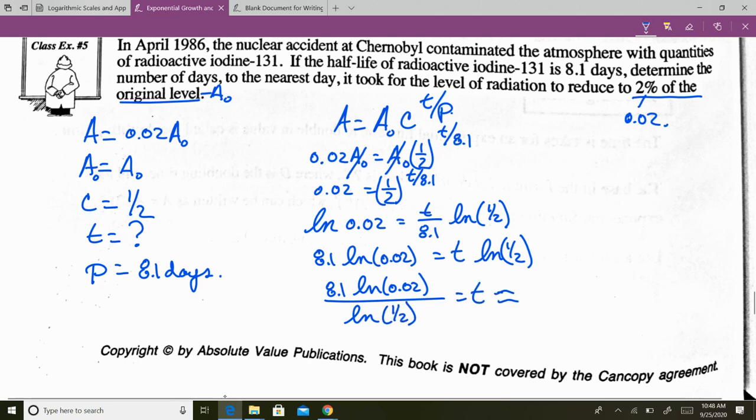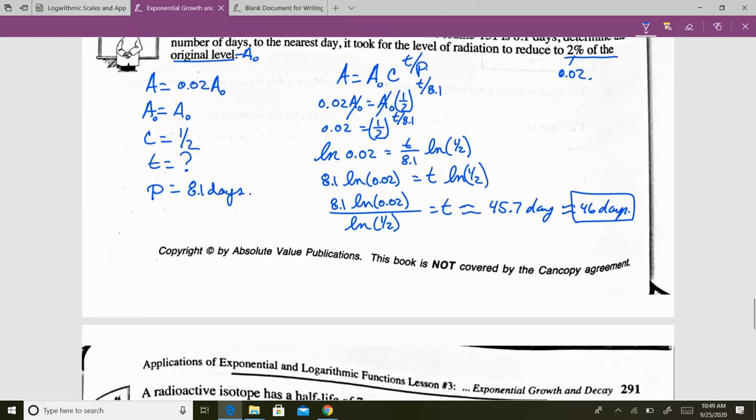And then if you plug all that into your calculator, you're going to get about 45.7 days. They wanted the nearest day, so it rounds to 46. Is that okay? I'm going to do one last one, and then we're done. It's on the next page.